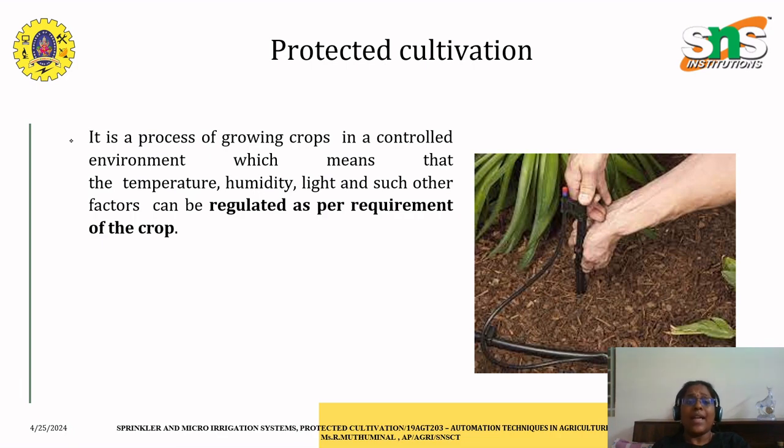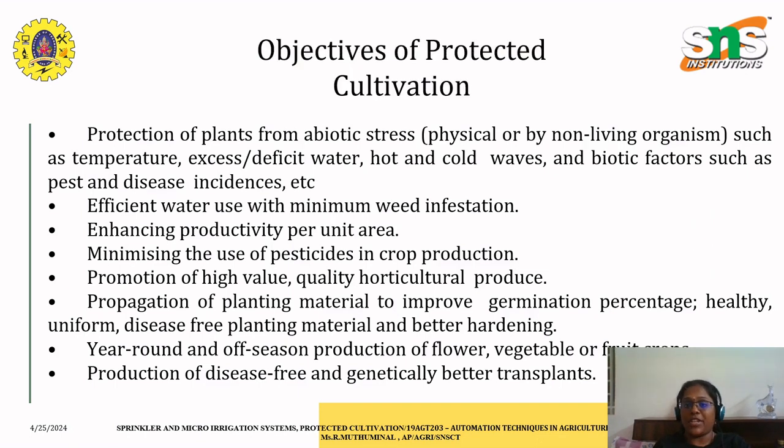This also helps with pest and disease management by providing a physical barrier between the crops and external pests. They help us reduce the pest pressure and minimize the spread of disease, leading to healthier plants and higher yields. This is how protected cultivation plays a major role.